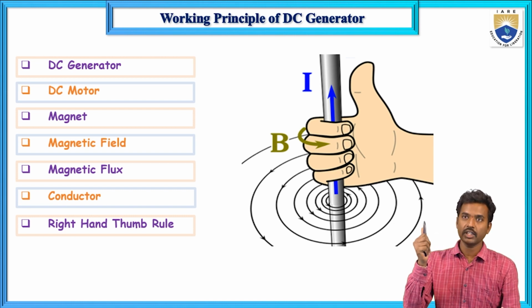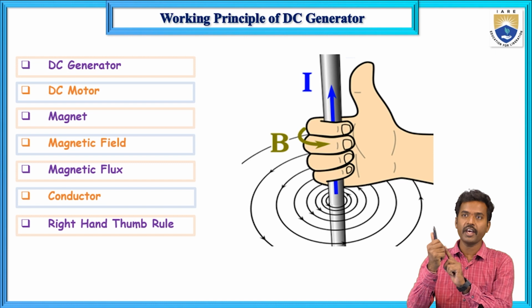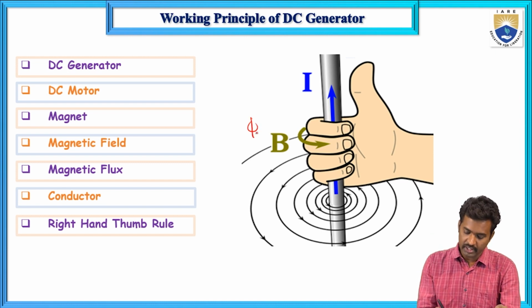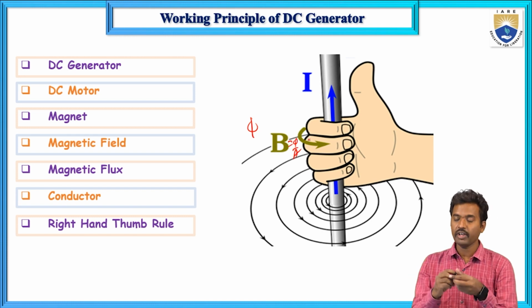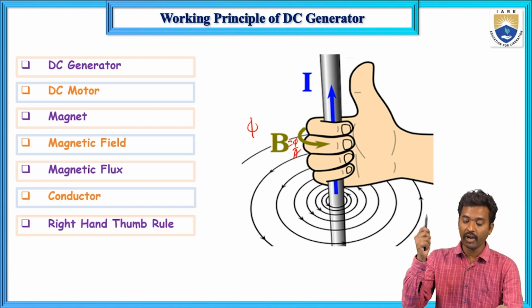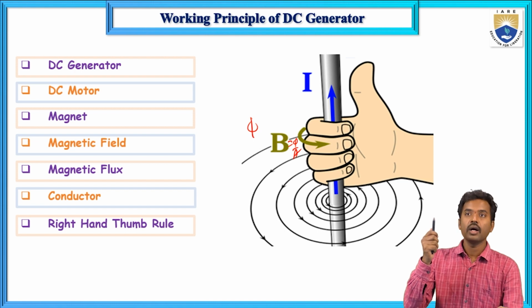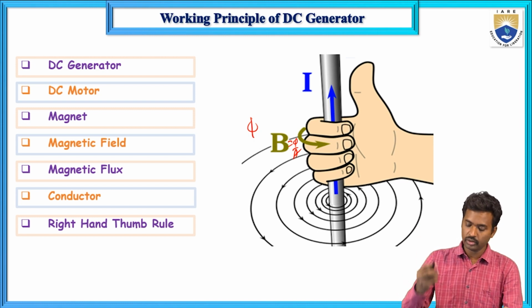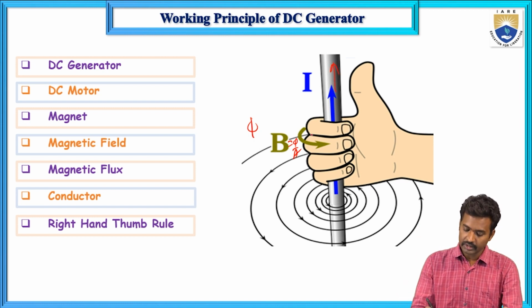The thumb direction is the current direction, and the curled finger direction indicates the flux direction. Flux density B equals phi by A. This is the right hand thumb rule.